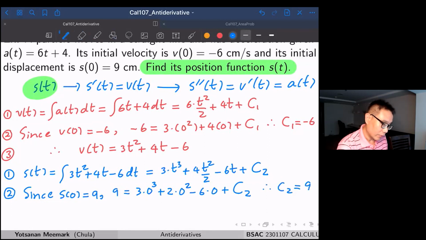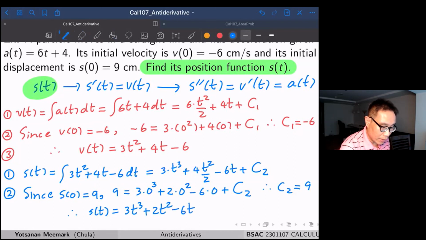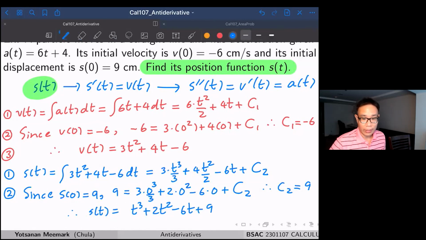And so you would get s(t) given by 3t cubed plus 2t squared minus 6t plus 9. Okay, I forgot the over 3, so this one will be no 3. So this one will be t cubed plus 2t squared minus 6t plus 9. Okay, so that's all.